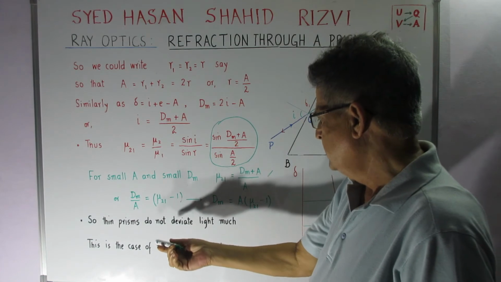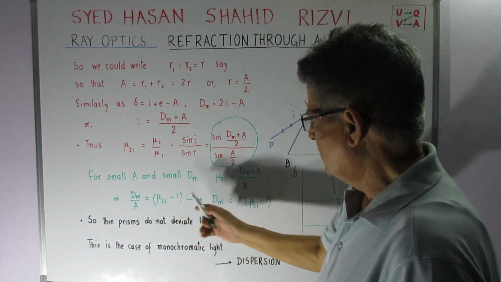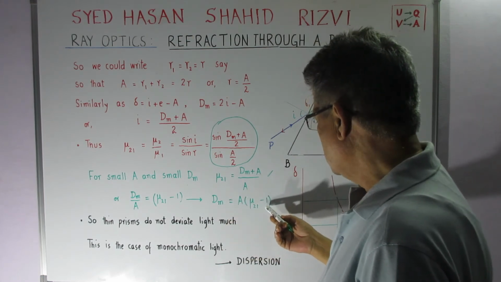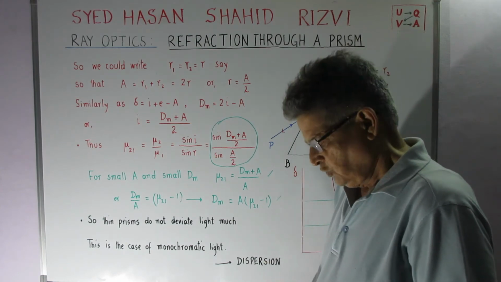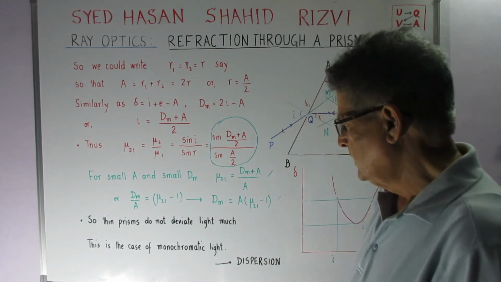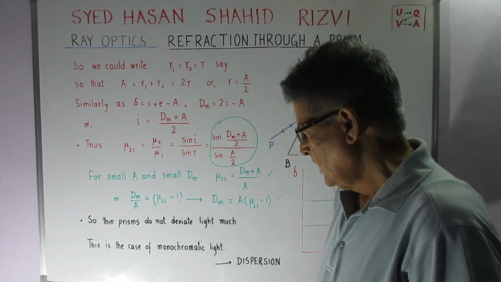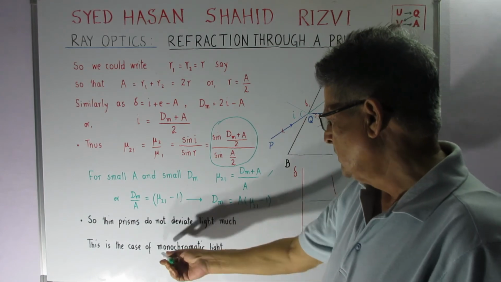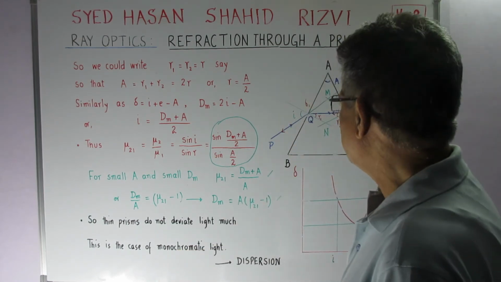So I can write that dm upon A is equal to mu21 minus 1, which gives the value of dm as equal to A times (mu21 minus 1). So thin prisms do not deviate light much, and this is the case of a monochromatic light of any color.